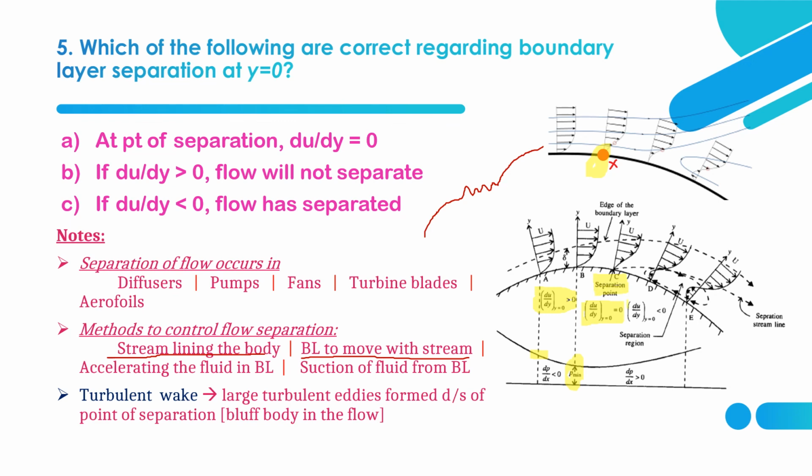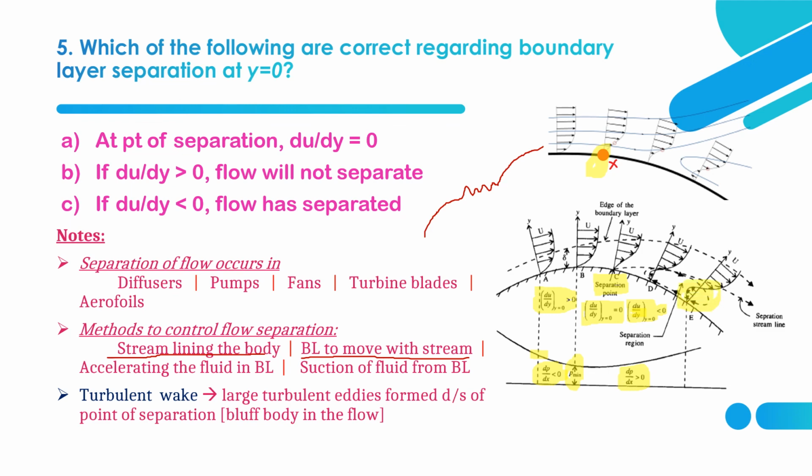And after some time, velocity gradient becomes less than 0. That means the flow has separated. When the velocity gradient is less than 0, that means the pressure gradient is greater than 0. It is like inversely proportional. Here you can clearly see the separation happens, turbulence happening here, and a turbulent wake will be happening.